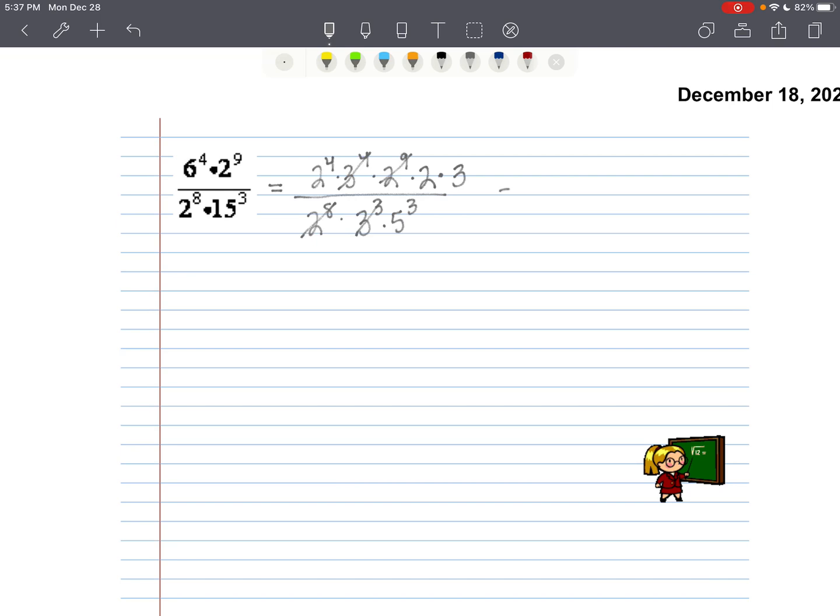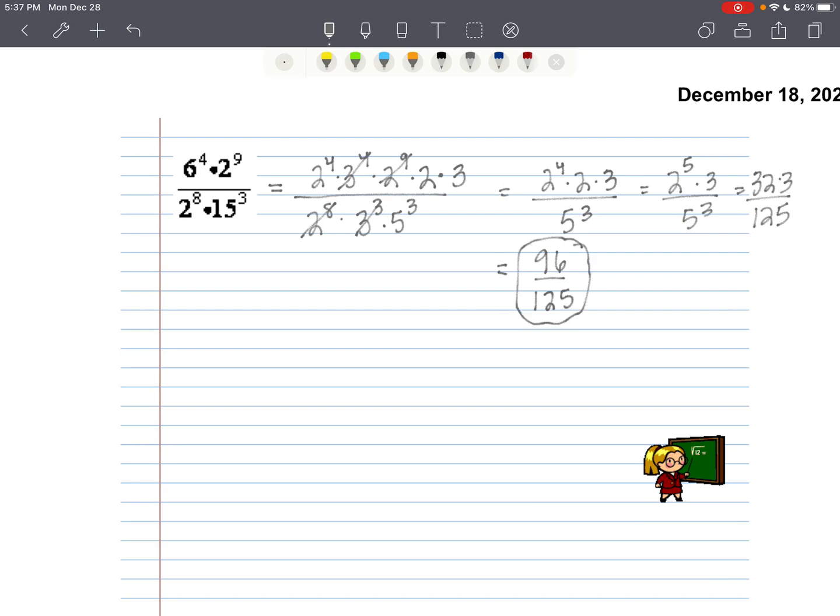And then we have 2 to the 4th. So I've got 2 to the 4th times 2 times 3 over 5 cubed. Because I know my exponents, I know that 2 to the 4th times 2 is 2 to the 5th. I also know that's 32 times 3. 5 cubed is 125. 96 over 125.